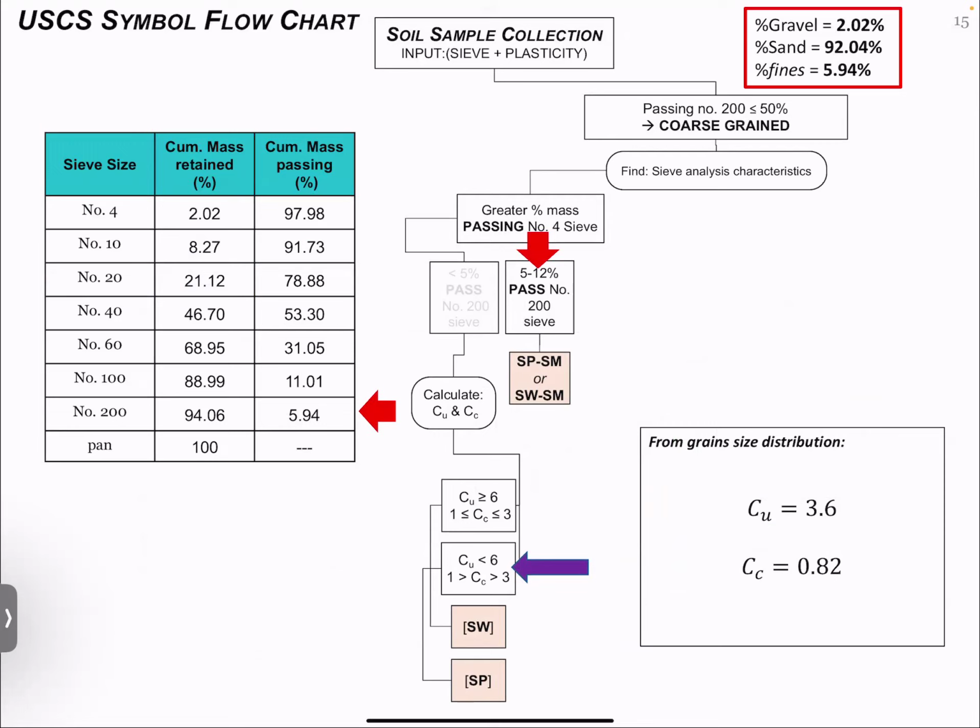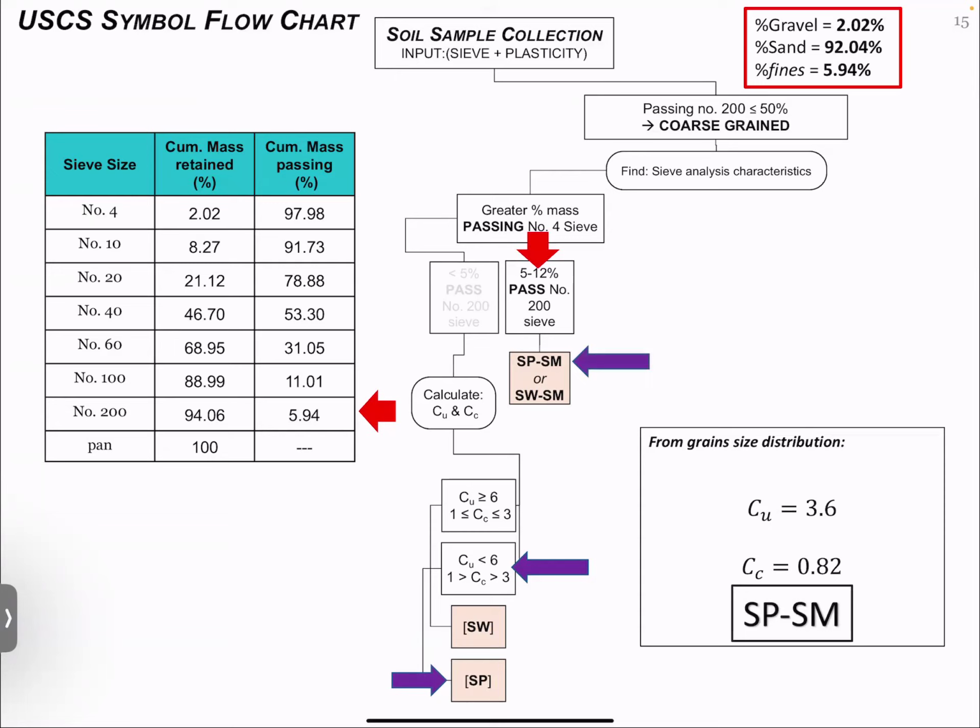So that means we are poorly graded. Usually what you would check is this: if both of these cases work, then it becomes well graded. If one of these cases works and the other one doesn't, then it is poorly graded. So that means this would be an SP and our soil would be SP-SM.